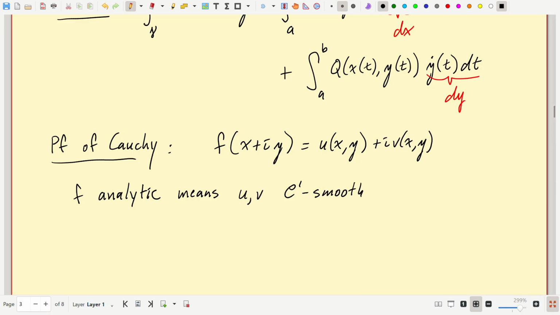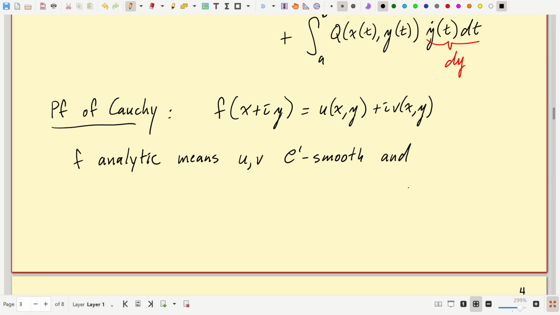When you do Green's, you need that. U and v are C1 smooth and satisfy the Cauchy-Riemann equations. Remember what those are: du/dx equals dv/dy, and du/dy equals minus dv/dx.